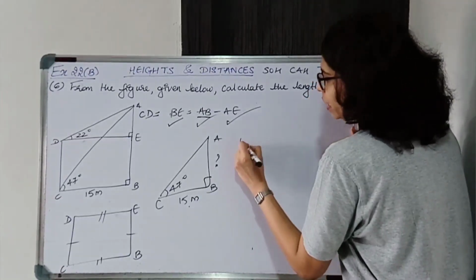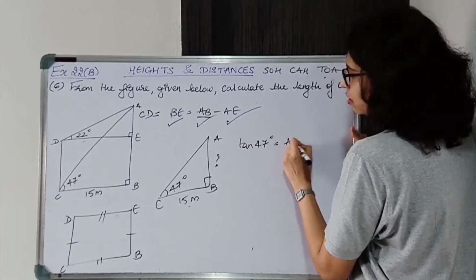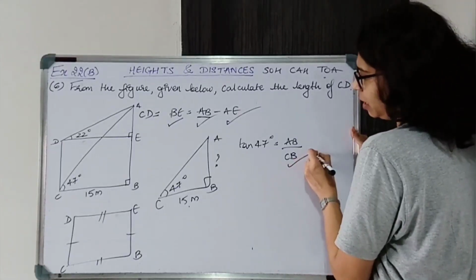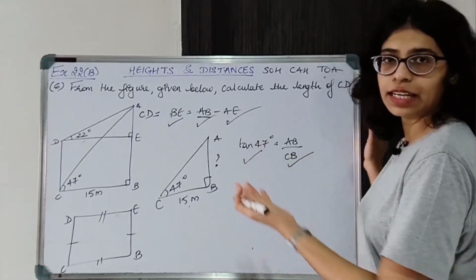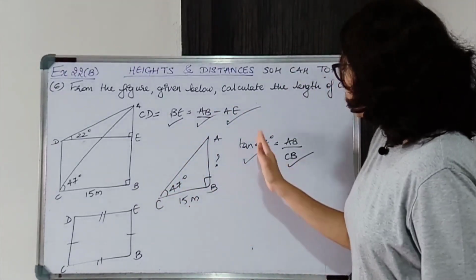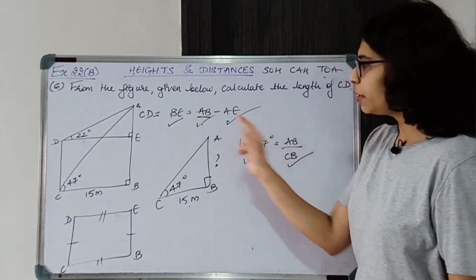So tan 47 is equal to opposite upon adjacent. This we can easily get from the table of natural tangents. So on multiplying you will get the value of AB. So AB is easy. What about AE?